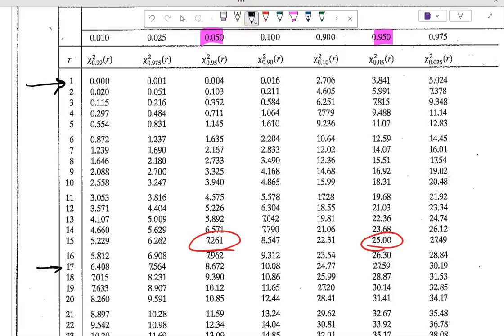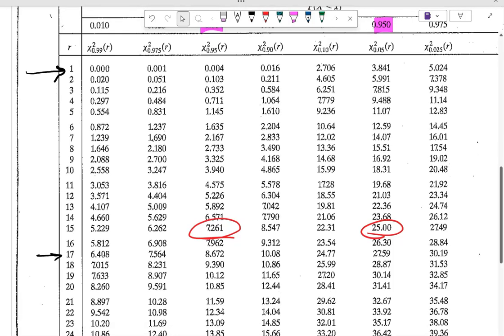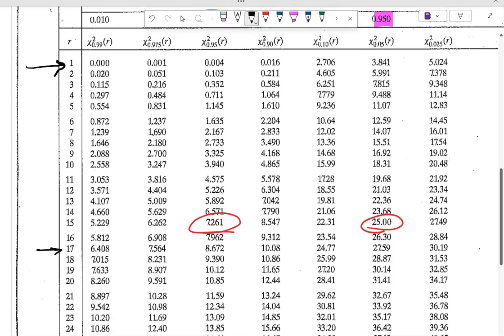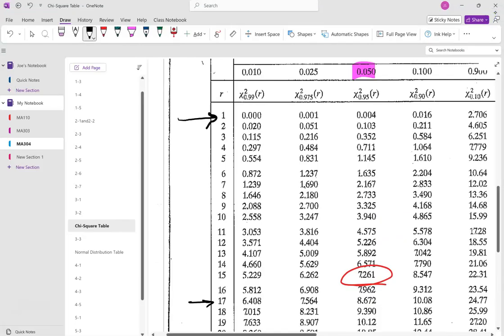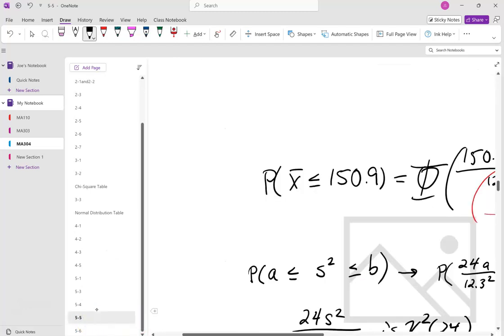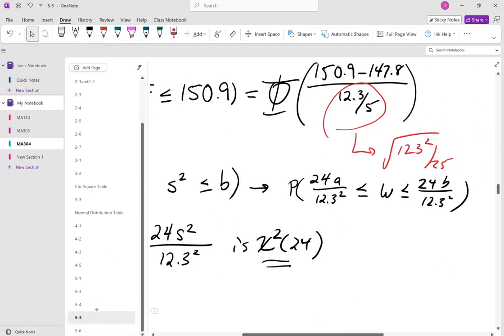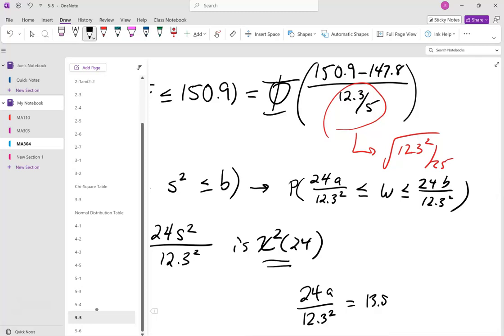Only the one, that's the columns, right? What row do you think we want to look at? 24. So I would need this 13.85 and 36.42. Now, can I remember those two numbers? So going back over here, you want 24a over 12.3 squared to be 13.85.